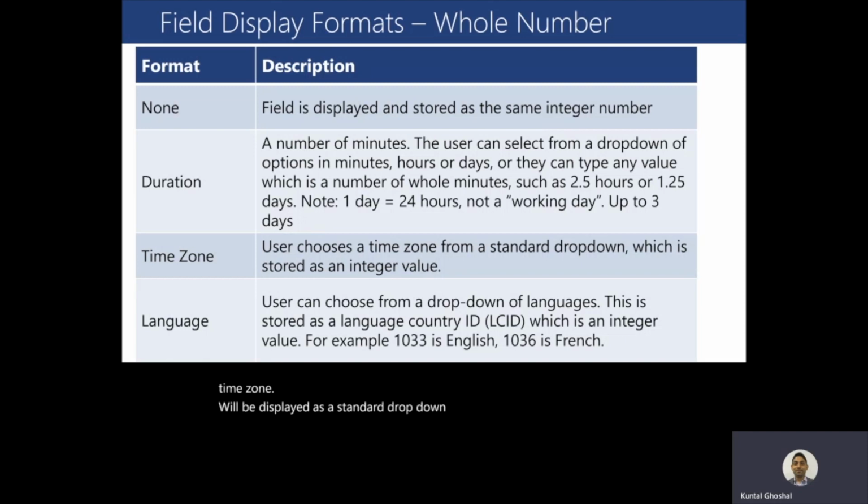You can also choose language as a display format, and in that case, the language is displayed in the control. Like for English, it will be 1033, and 1036 is for French.